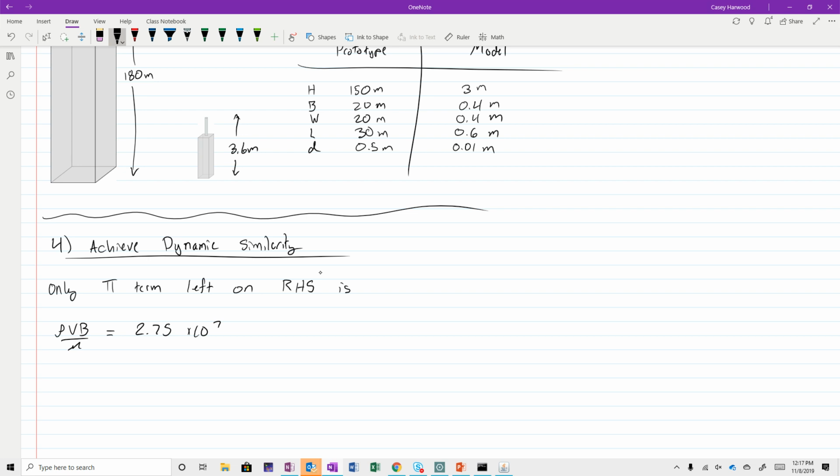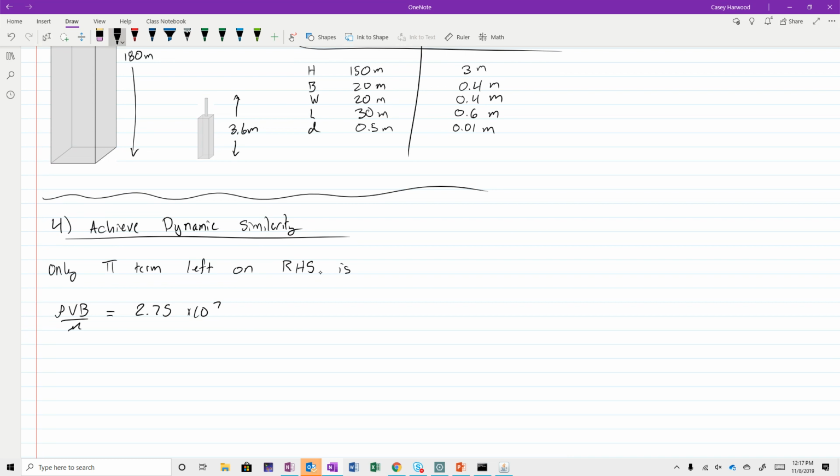So the way we match this value is we're saying, if this is our prototype scale, rho p, Vp, Bp over mu p has to be equal to rho model scale times V model scale times B model scale over the viscosity at model scale. Generally the most prescient question that people ask when they're running experiments like this is how fast does the flow have to be going? It's one of the real make or break decisions. So we could solve for the model scale velocity that we have to test at.